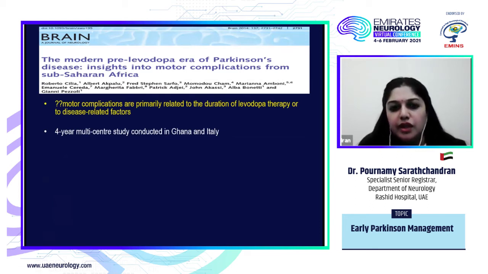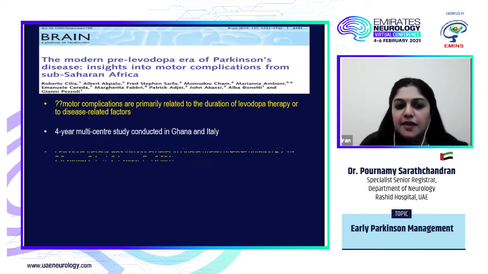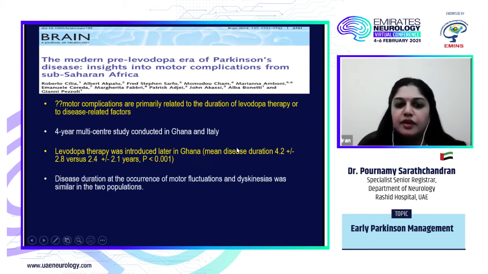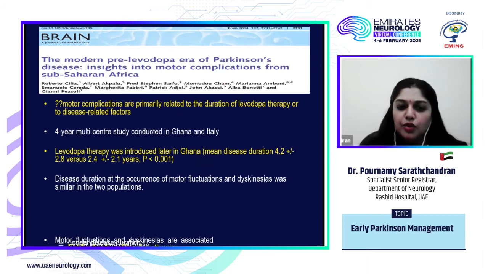So in a multi-center trial conducted in Ghana and Italy, they undertook this research question: whether motor complications are primarily related to the duration of levodopa therapy or to disease-related factors. Levodopa therapy was initiated early in patients in Italy, and levodopa therapy was delayed by around 2 years in patients from Ghana. Disease duration at the occurrence of motor fluctuations and dyskinesias was similar in both the groups.